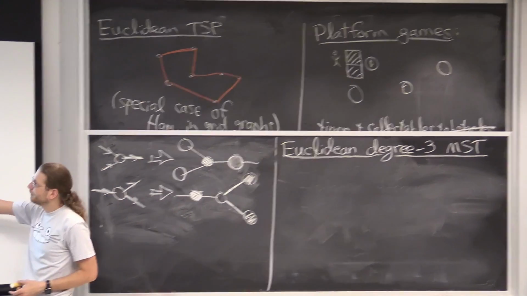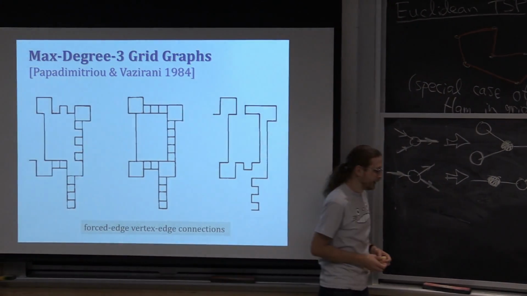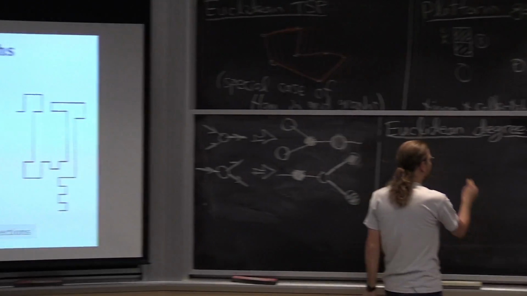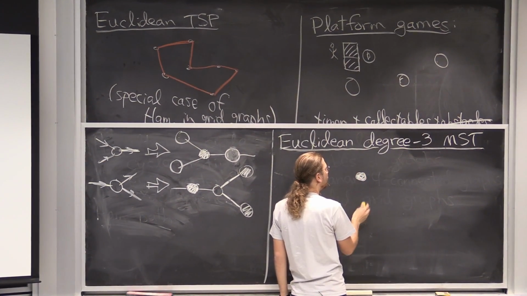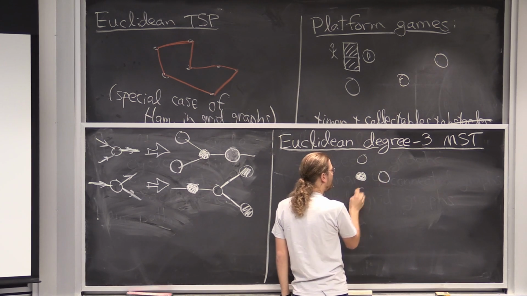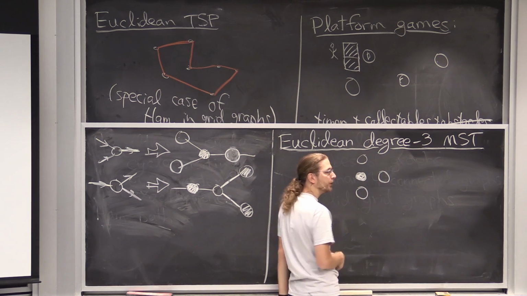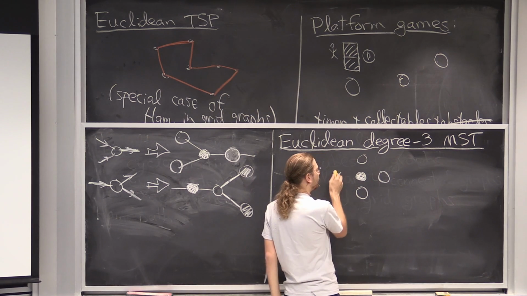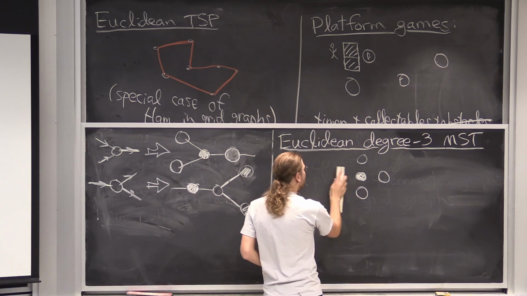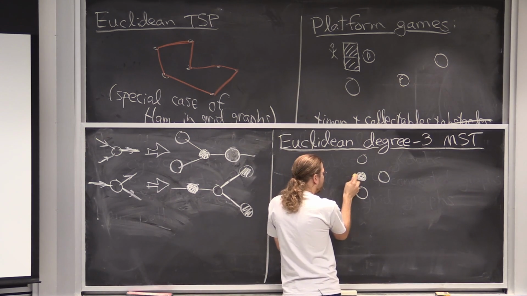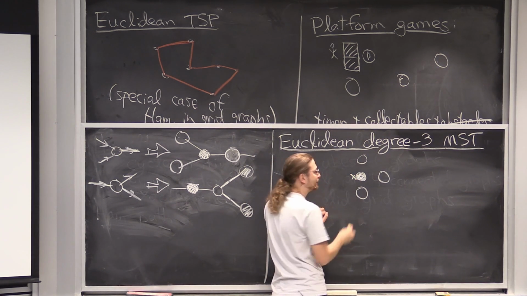You start from this problem. And the cool thing about a max degree 3 grid graph is if you look at any point, at most 3 of its neighboring spots are actual vertices. One of them has to be absent in max degree 3. So what I'm going to do is add a point really close to that one.